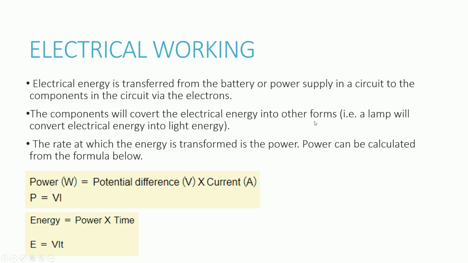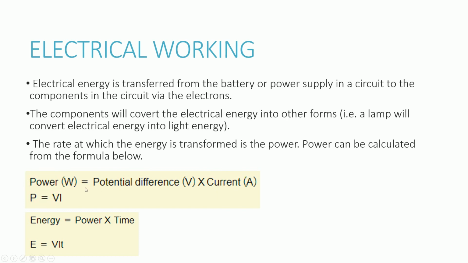For example, the electrical energy carried by the current will be converted into light energy inside a light bulb. The rate at which energy is transformed is called power, and power can be calculated using the formula below: potential difference multiplied by current gives you power.